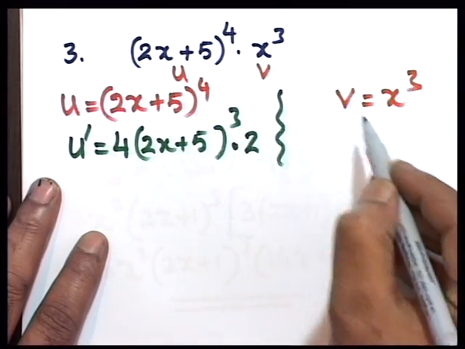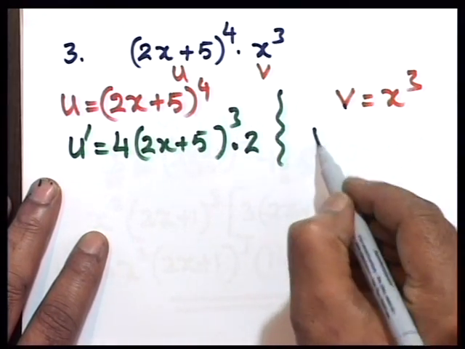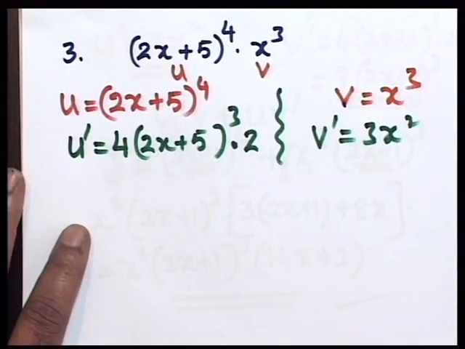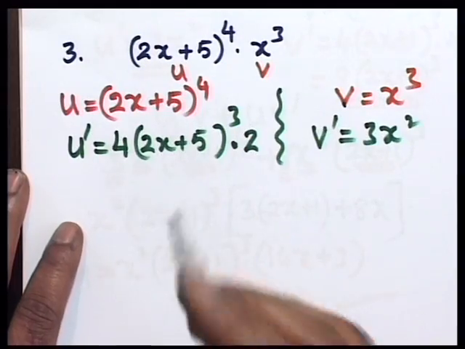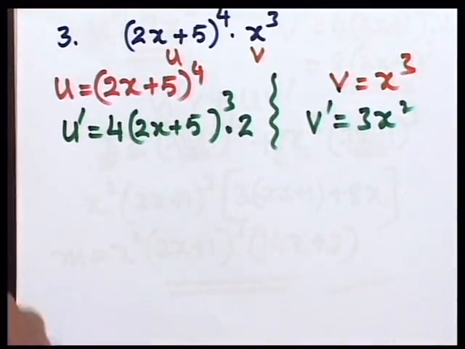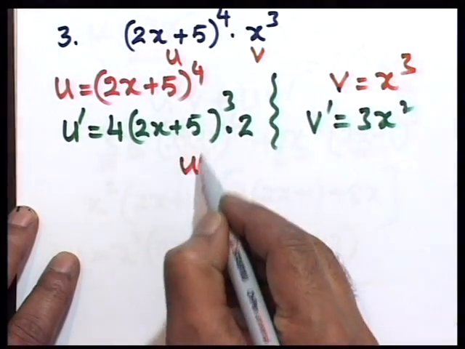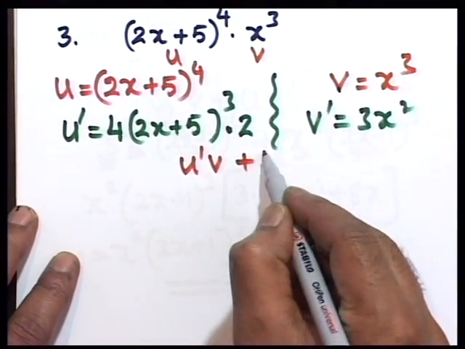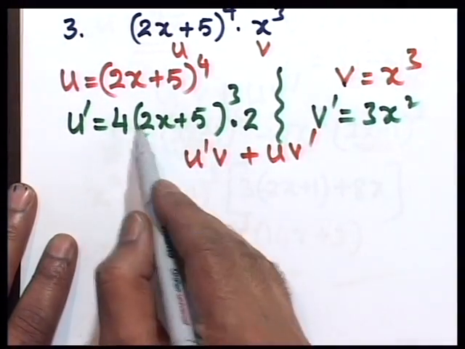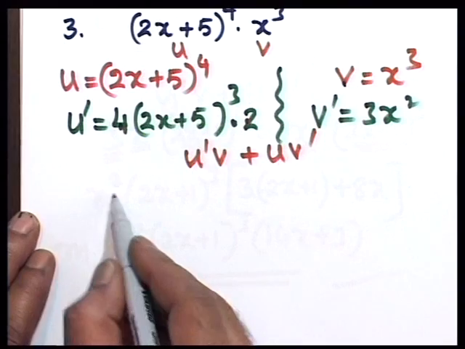Then we times this, so we differentiate this now. v dash equals 3x square. Done. Okay. We got all the 4 ready. Now we will substitute in the formula, which is u dash v plus u v dash. Right, u dash, which is 2 times 4, 8, right?